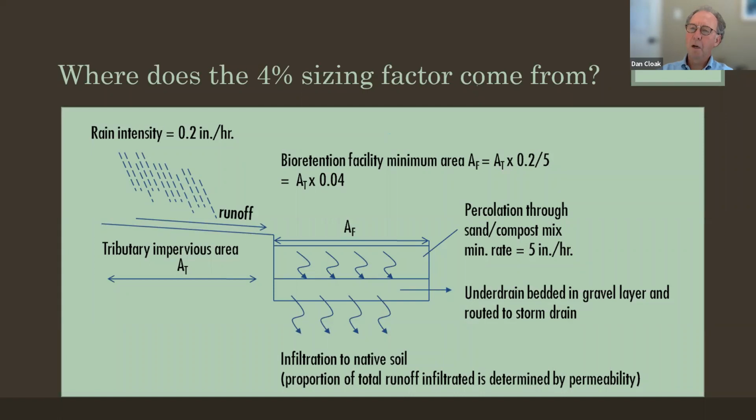There are a series of criteria that were designed for sand filters, which was another technology that existed in the 1990s. A bioretention facility is basically the same as the sand filter in the sense that we were trying to handle a continuous flow of runoff produced by a storm without a whole lot of detention.